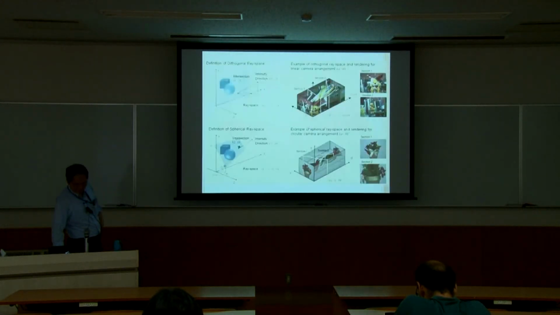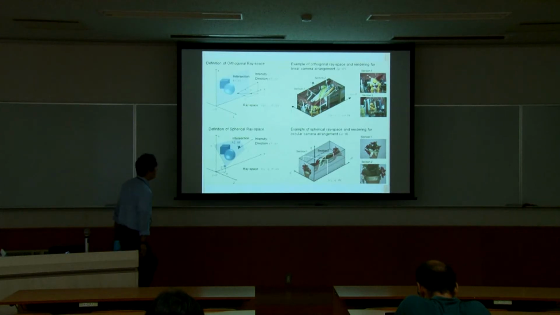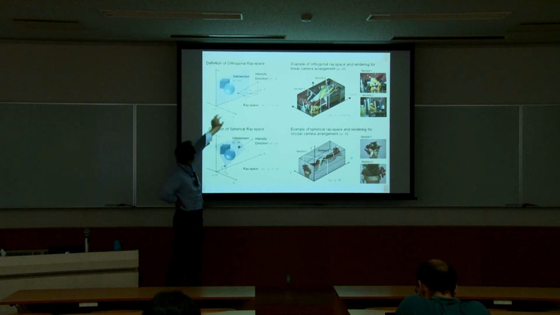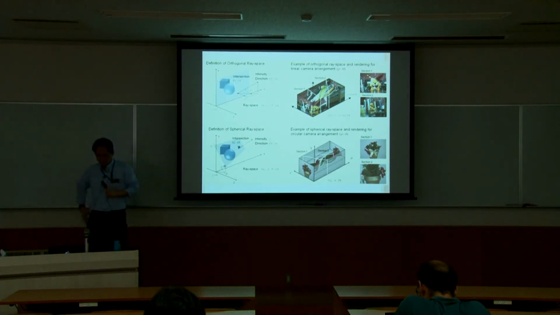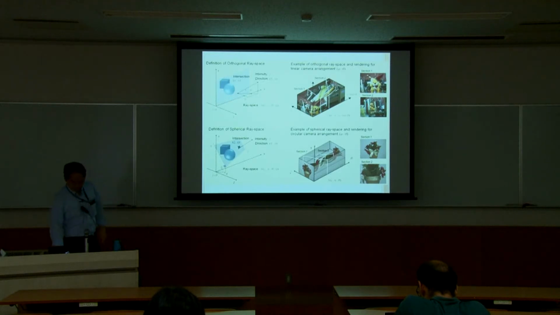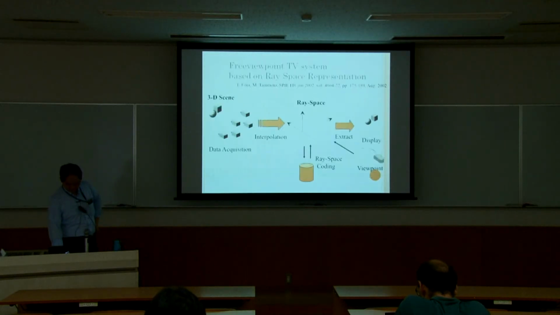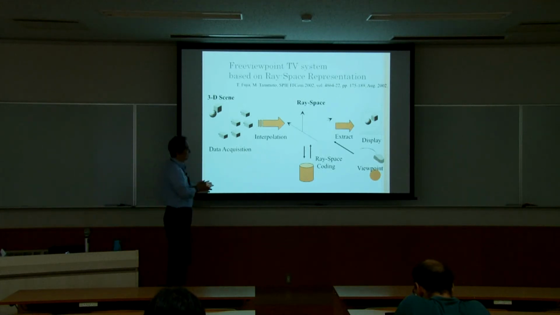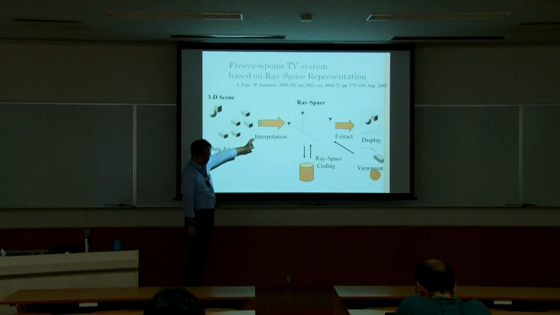I'll skip this. Okay. So to conclude, we can get ray space from this real space. The ray space is like this, and if we cut ray space, we can get free viewpoint images. This is the point. Okay, so I'll skip this. And now, this is the answer. Ray space or light field is the common data format of 3D image communication.